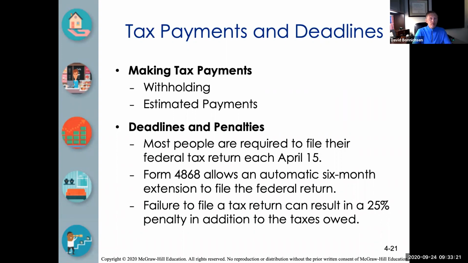Unfortunately, if it's the other way and you're forecast to get a refund, the government's not giving you any money. They'll wait till October the 15th to give you money if you're filing an extension, which seems a little odd, but that's just the way it is. The government doesn't surprise me much anymore.